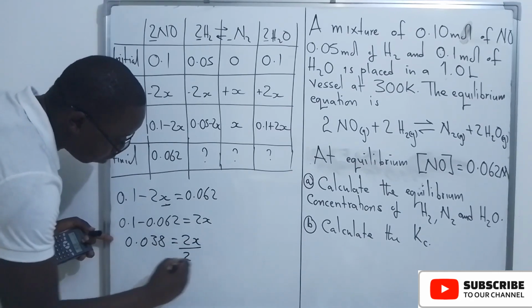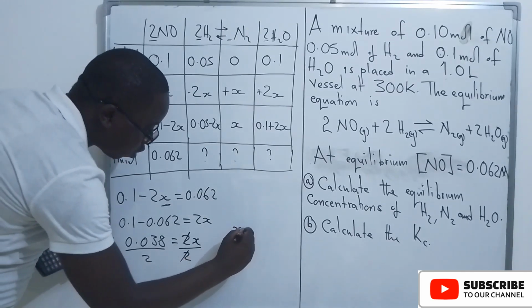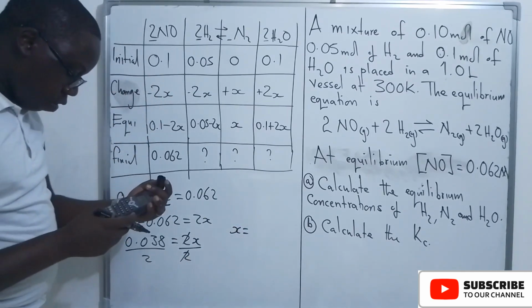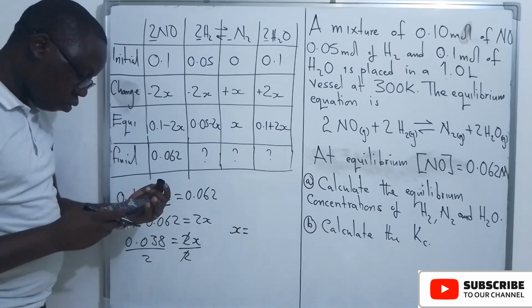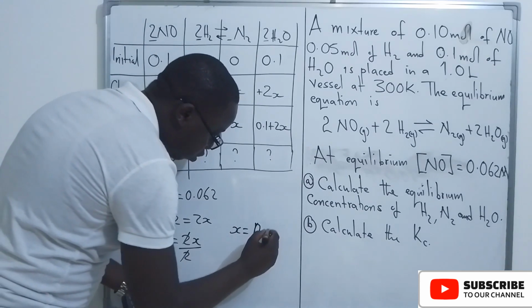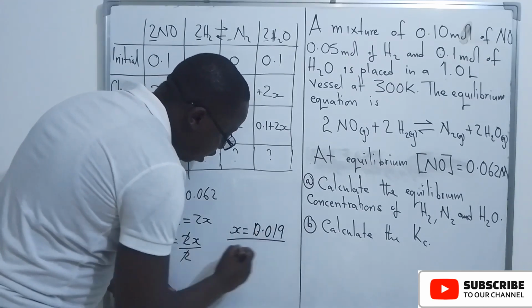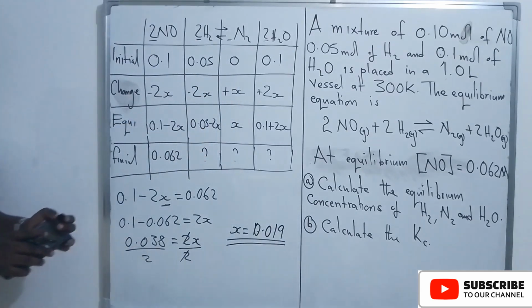At this time, we divide both sides with 2. Then x is equal to the answer that we have divided by 2. It is giving us 0.019. So this is the value of x.